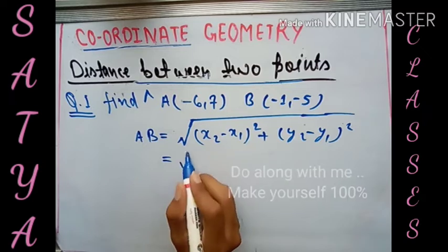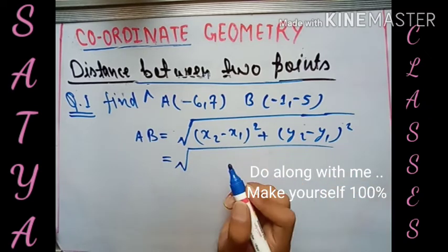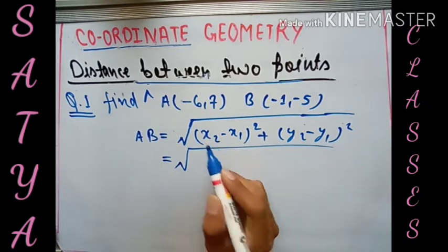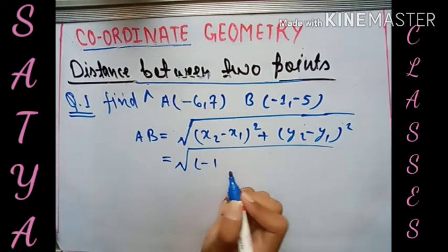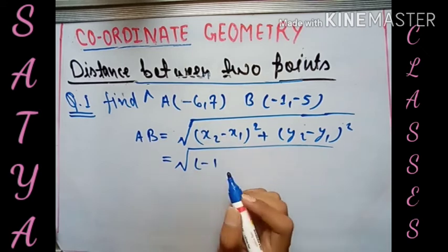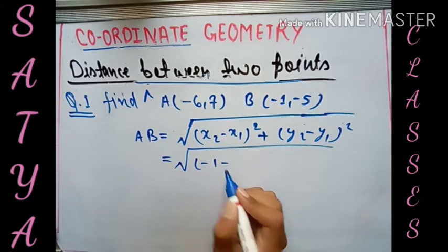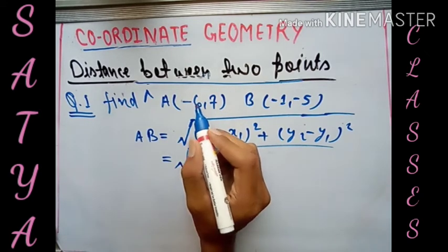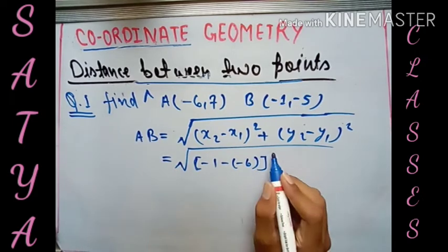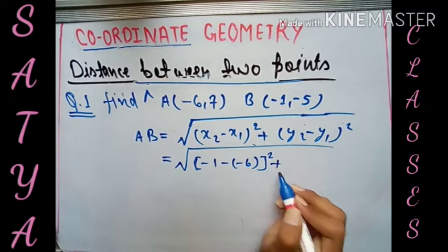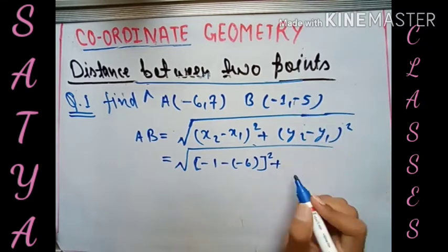Now quickly put the value x2 minus x1. So x2 is what? Minus 1 and minus x1 is minus 6. Okay, square. Y2 minus 5.